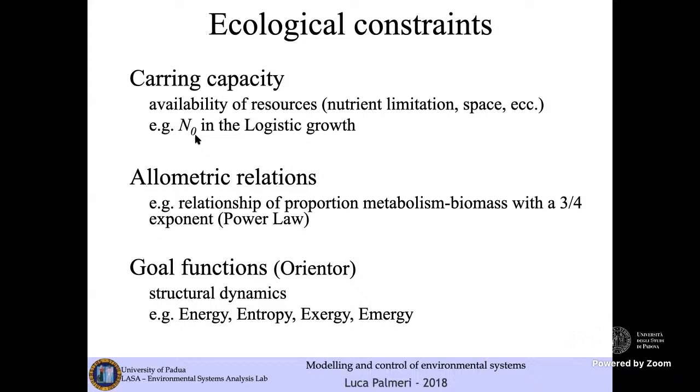For example, the relationship of proportion between metabolism and biomass over several orders of magnitude of the biomasses, or of the energy consumption, energy flows, metabolism, they all display a kind of power law with a 3/4 exponent. This means that I can plot, in a log-log plot, for example, the relationship between metabolism and biomass, and I obtain a linear interpolation of this relationship, and typically for living systems, the slope of this linear interpolation corresponds to a power law with an exponent of 3/4.